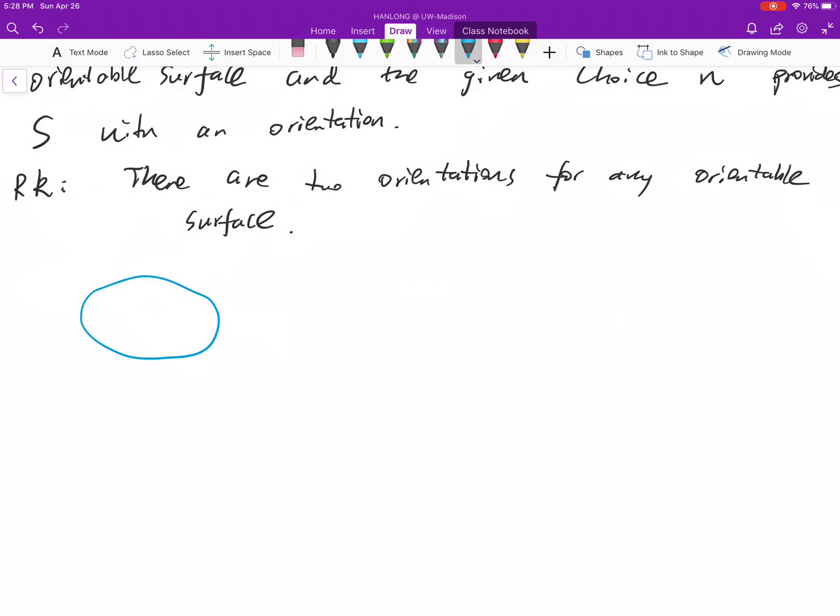Suppose you have a surface like this one, and then you have the orientation. The normal vector you choose just points outwards, and then suppose suddenly you flip it together.